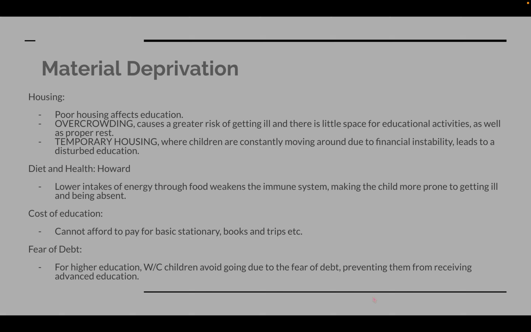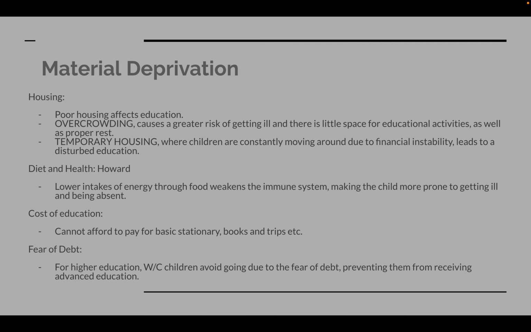Next, we are on to the next heading, material deprivation. Material deprivation is basically not having enough money and income and not having enough materials in general to afford stuff. For example, housing. Poor housing affects education.